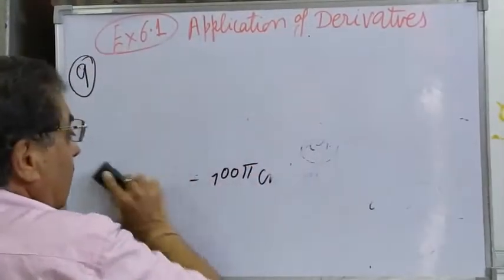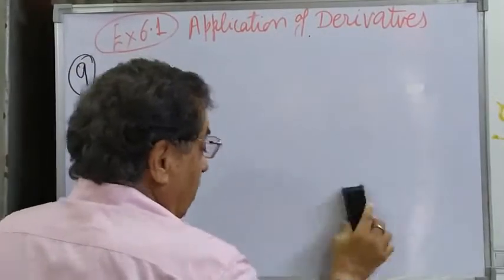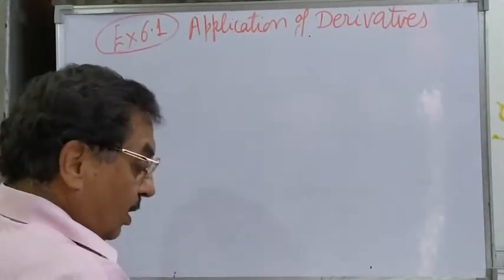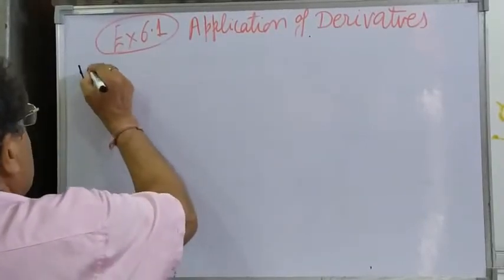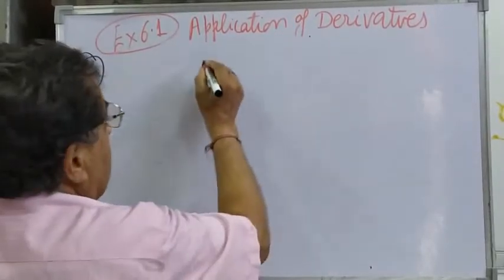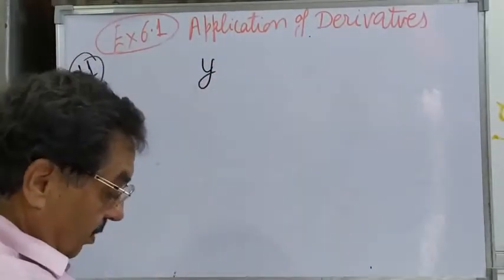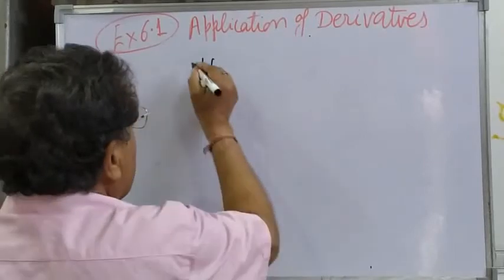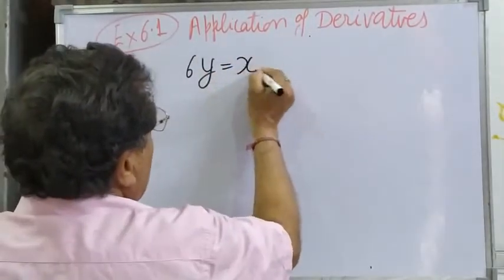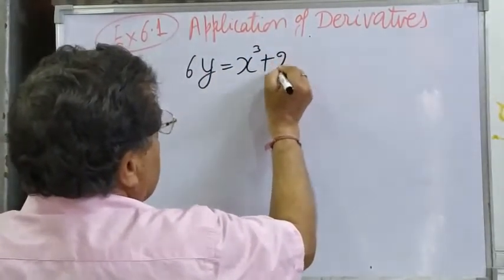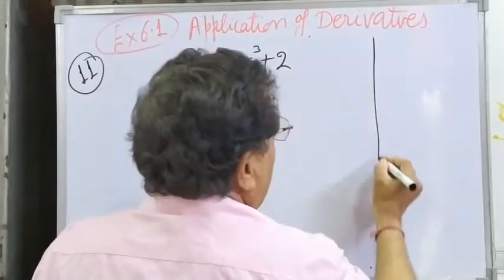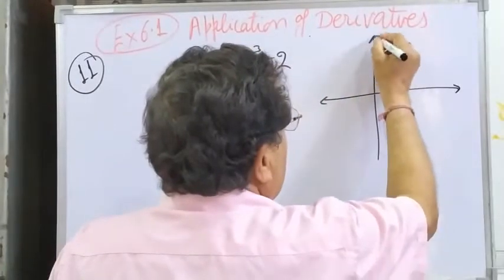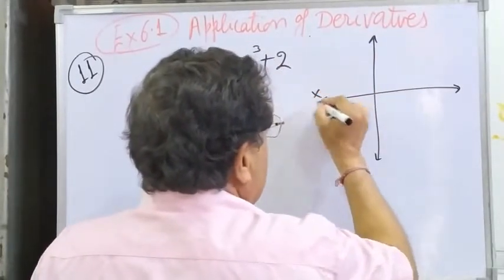Now let us see, first of all, what type of curve we will have. Question number 11: y is equal to x cube plus 2, divided by 3. What type of graph will we most probably have if I draw the x-axis and y-axis?